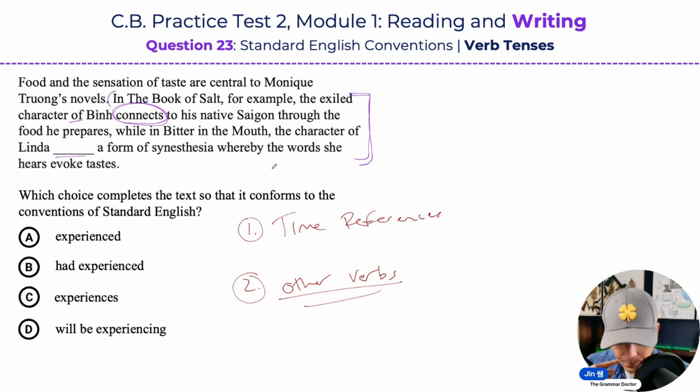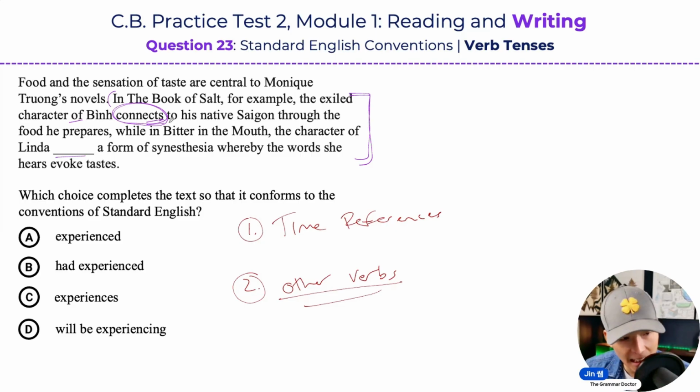Okay, so notice how the writer is talking about two different characters in different books, The Book of Salt, and Bitter in the Mouth. But notice how he talks about the first character, the exiled character of Bình, in the present tense.